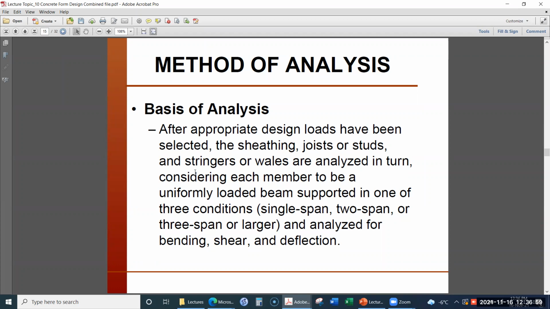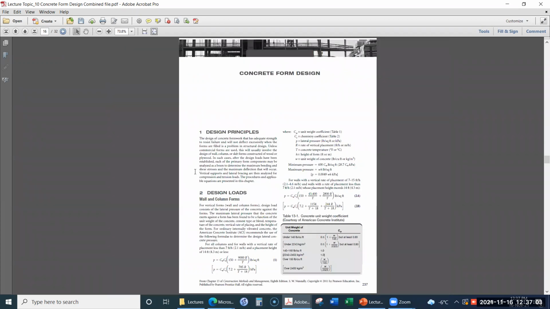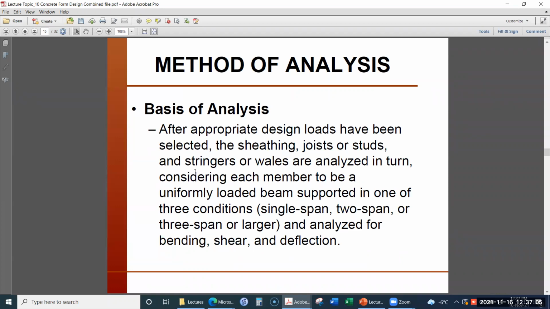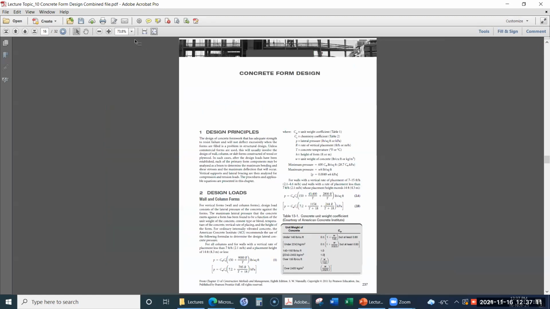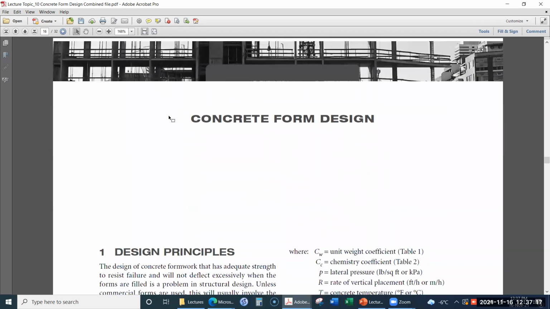So this is the basis of the analysis, which means that this basis can be used. Let's see it in the chapter itself.